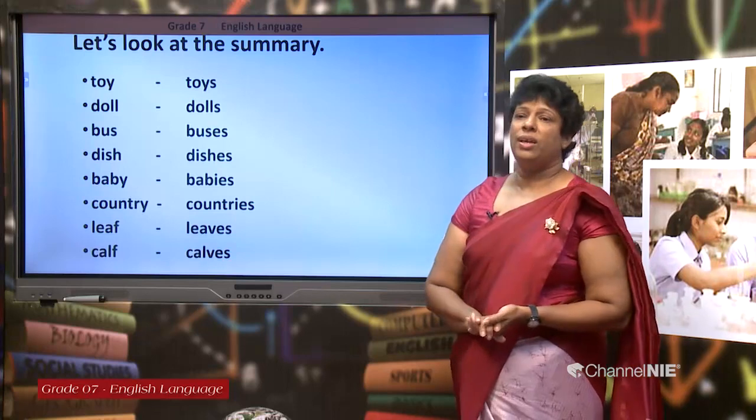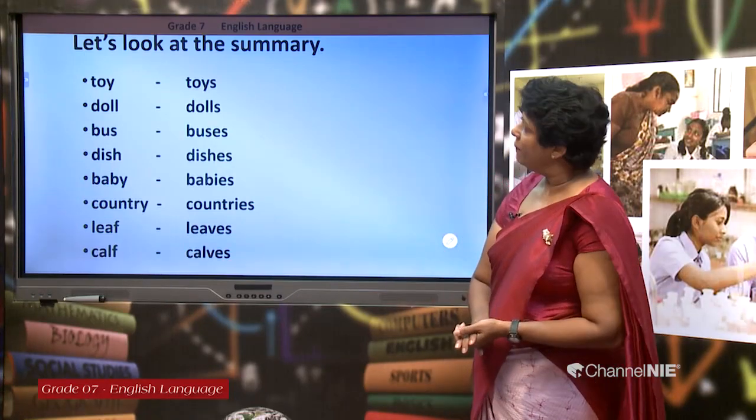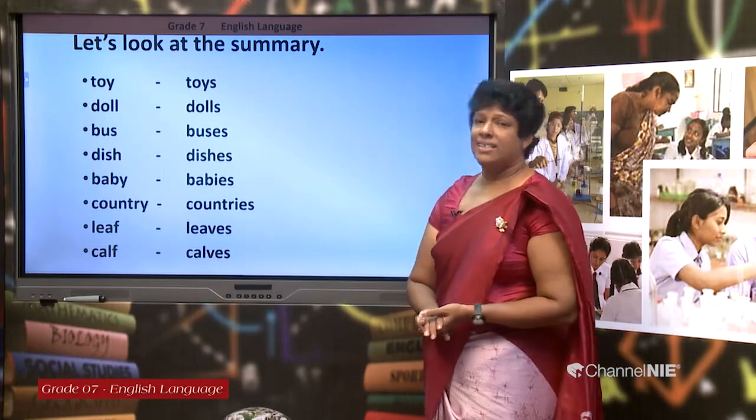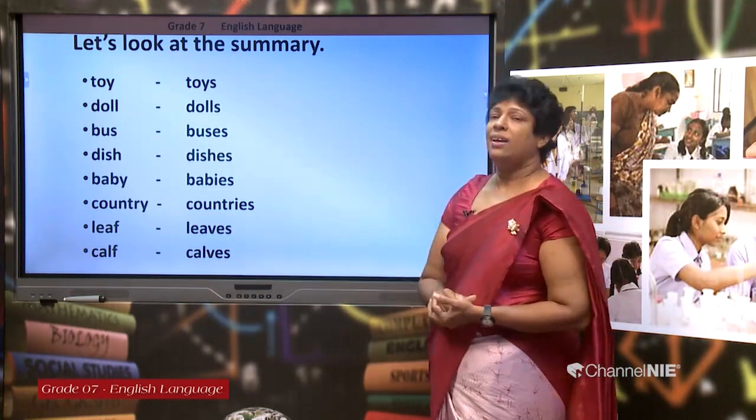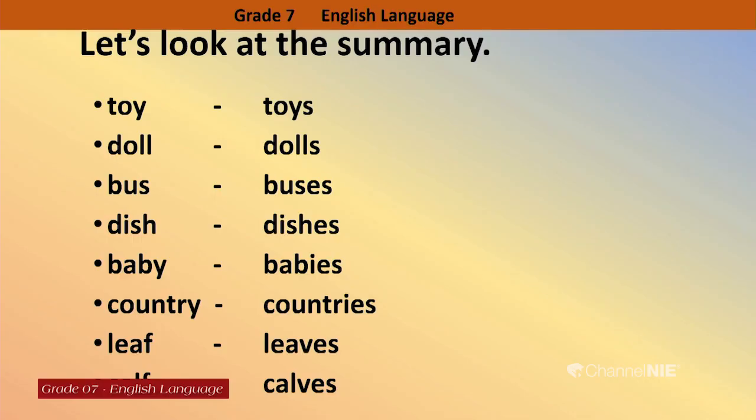And now we come to the summary of the lesson. Look at the words. I have put the words there, the changes you made so far. Toy, toys, doll, dolls, bus, buses, dish, dishes, baby, babies, country, countries, leaf, leaves, calf, calves.